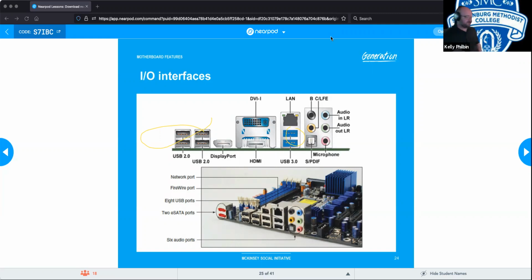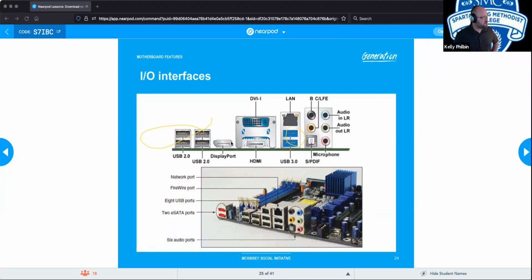Like, you do not want to plug a keyboard into a USB 3 port. It doesn't need that fast of a connection. You may want to use that for a hard drive, like a solid state hard drive that's going to need a much faster connection. So be sure to pay attention to that.